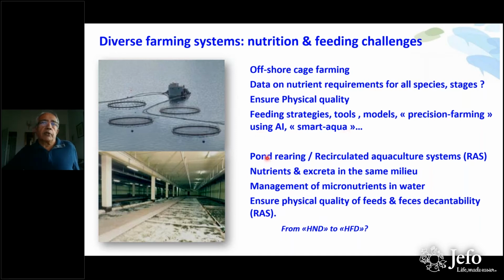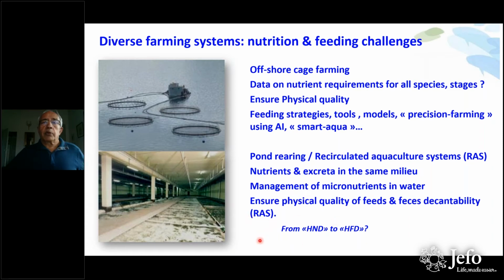When it comes to pond rearing, which is very much present in many species, especially shrimp, for instance, and recirculated aquaculture systems, nutrients and excreta are in the same environment. How do we manage the micronutrients in the water? How do we ensure the physical quality of feeds and the feces decantability in the recirculated aquaculture systems?